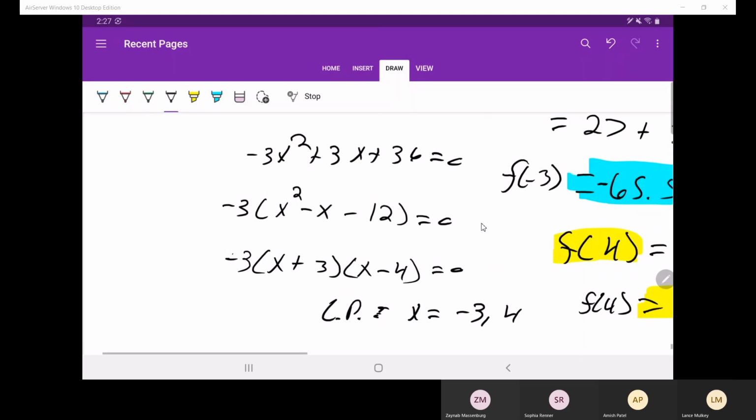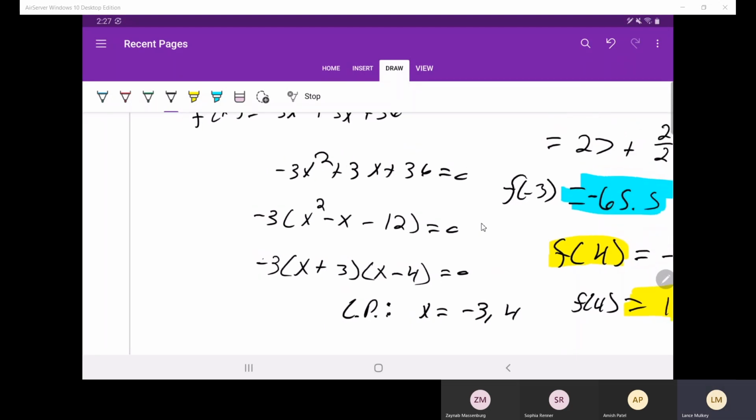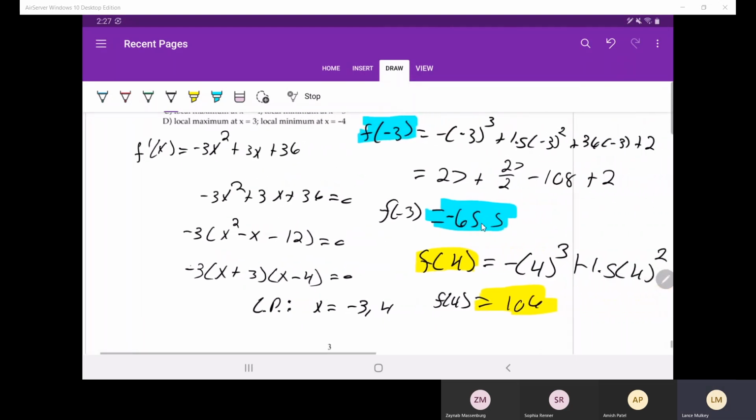Okay. So I set the derivative equal to 0 after I took the derivative, and I factored. And you set x plus 3 equal to 0 and x minus 4 equal to 0, and you get your critical points for the x values. And once you do that, you plug the critical points back into the original equation.